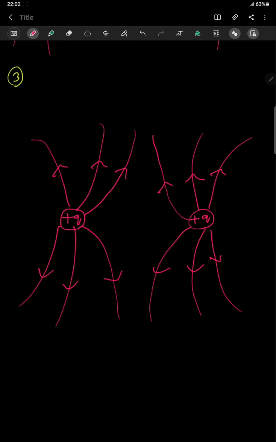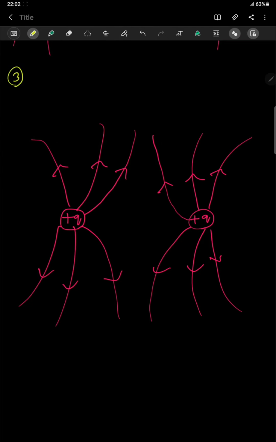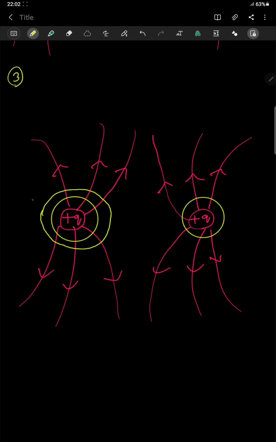So now let us draw the equipotential surface. The first equipotential surface will be a spherical one in this manner. Same here also. Now you will see that this side will be closer and this side will be a bit farther. Right.